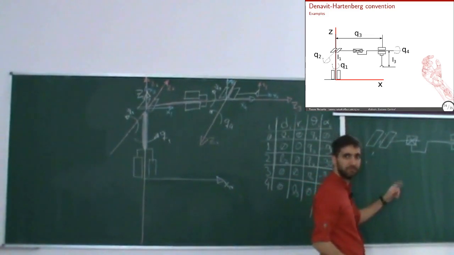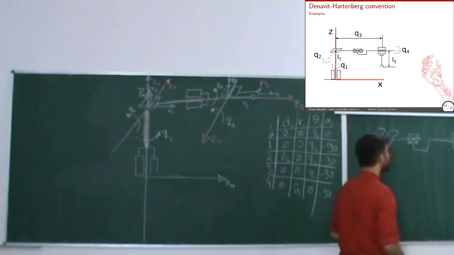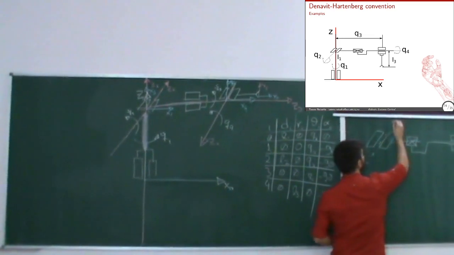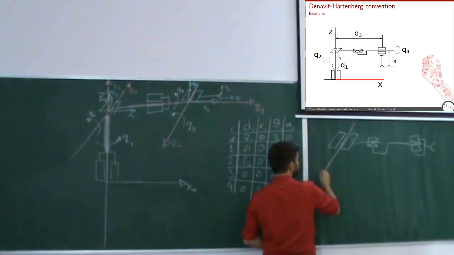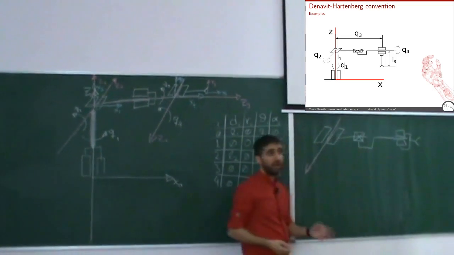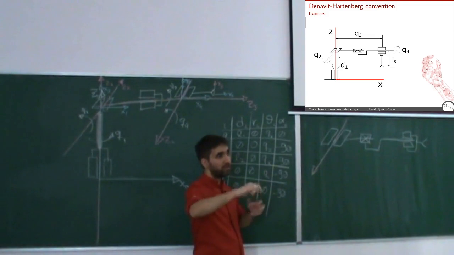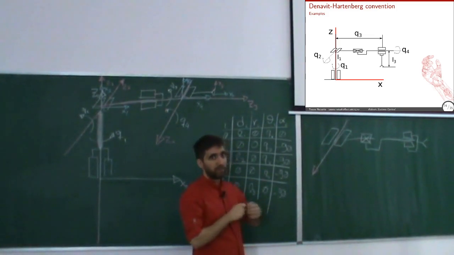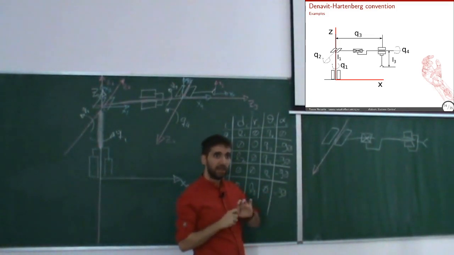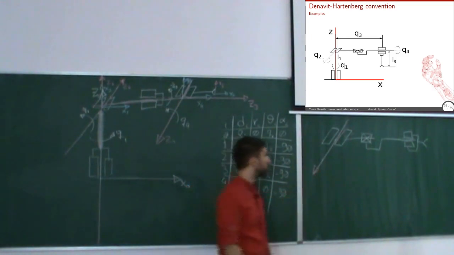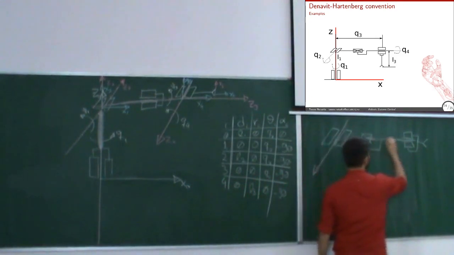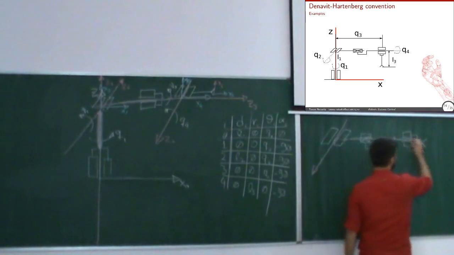It's visible? Is it visible? Yeah. Okay. So this would be my Z. Now, when I have revolute joints, I said that I align the Z along the axis of rotation. When I have prismatic joints, I put the Z along the axis of translation. Okay? So I will put the Z here, and another Z here.